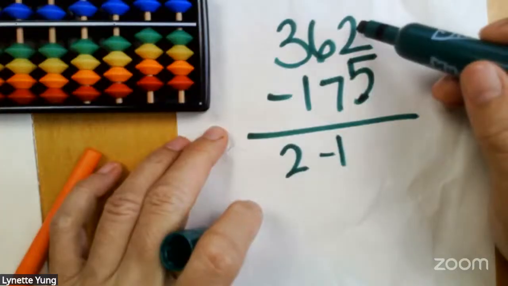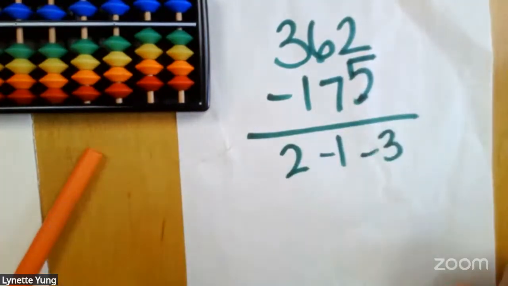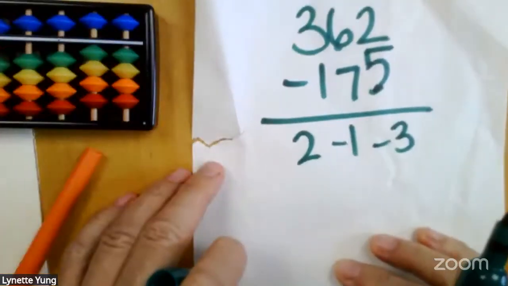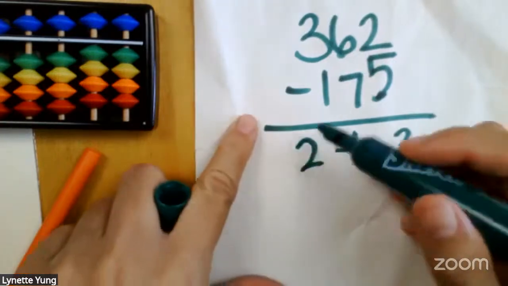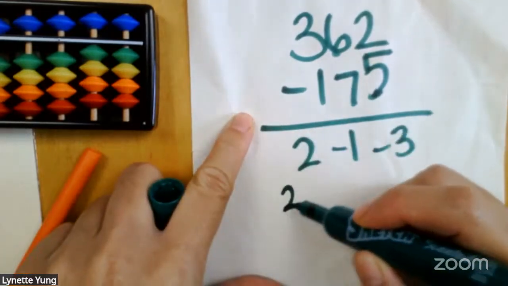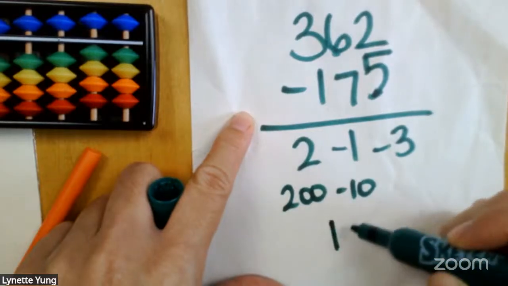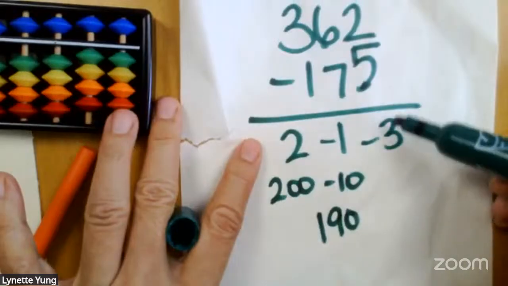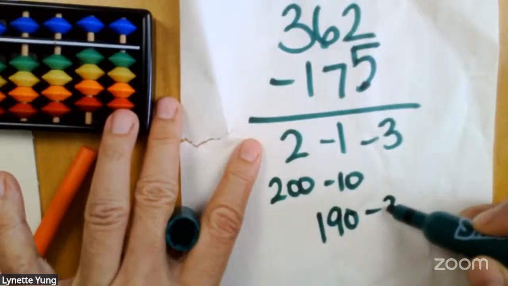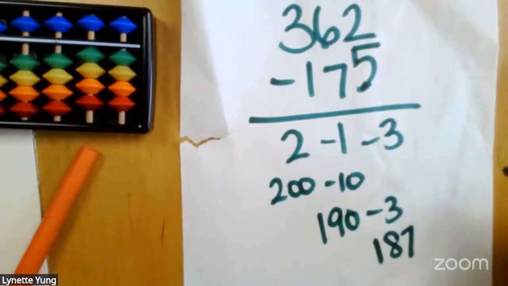And then 2 minus 5 is equal to minus 3. Now, we still got to work this out. This becomes 200, and this is minus 10, so this becomes 190. We still need to take away the 3, so it'd be 187.